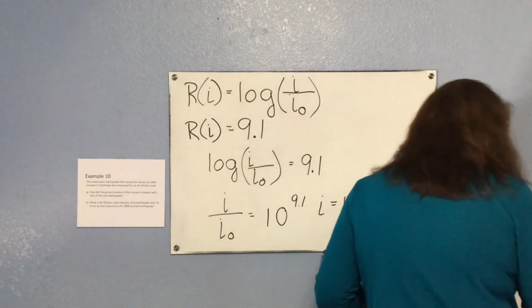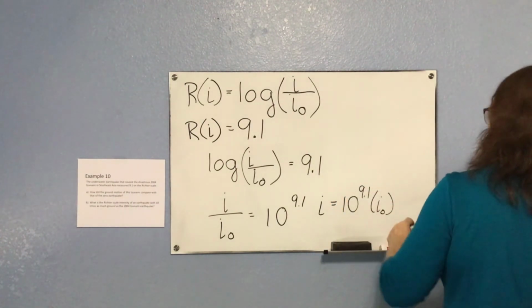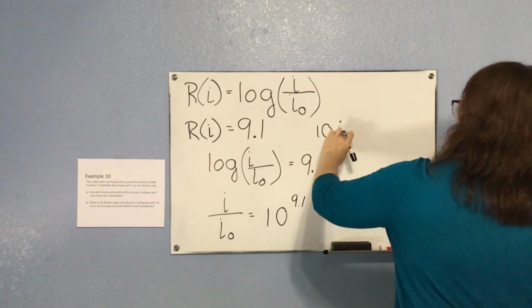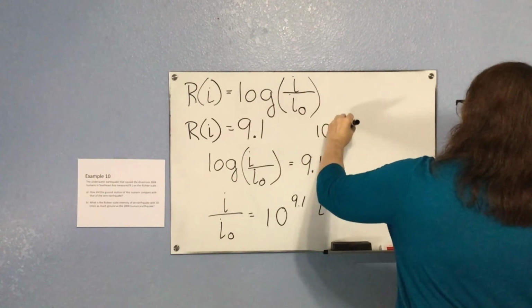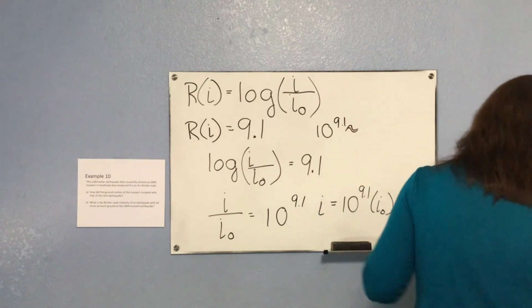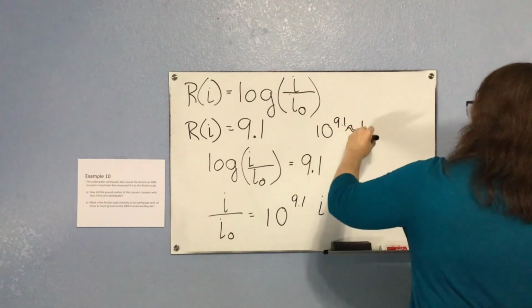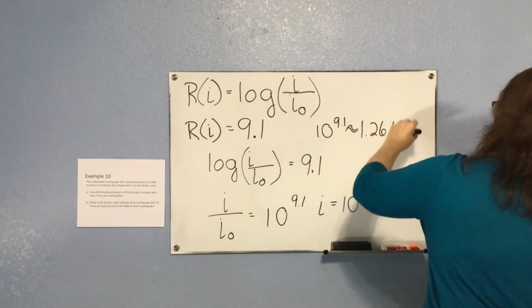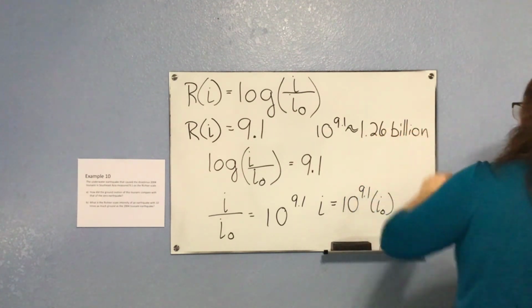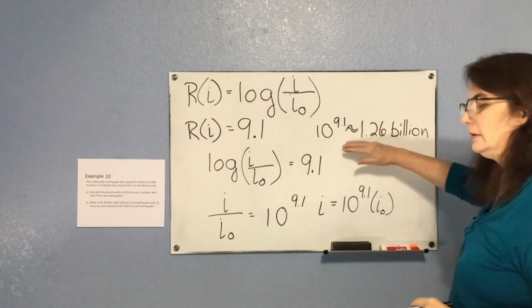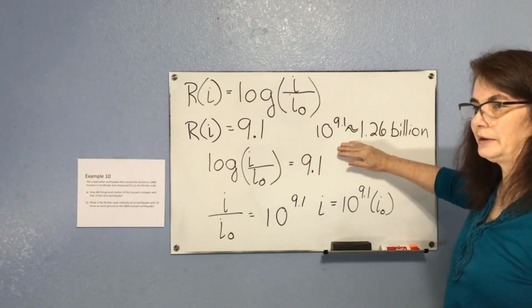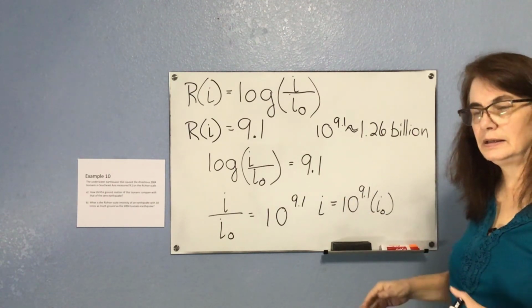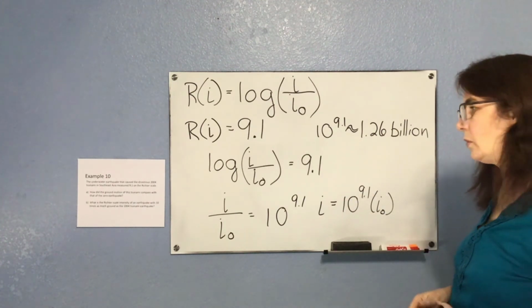So 10 to the 9.1 is approximately equal to 1.26 billion. So the tsunami quake was 1.26 billion times more intense than the smallest detectable quake.